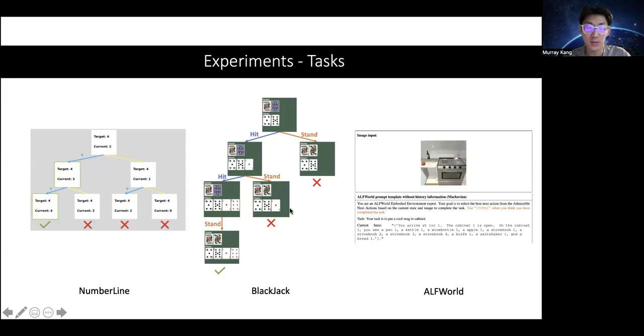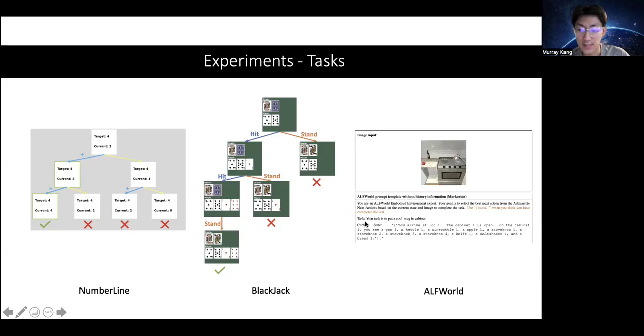And the next one is called BlackJack. So this is a stochastic environment, because every time we don't know what kind of card we will get. Yeah, so we only take the actions hit and stand. So this is a simplified BlackJack. And the last one is an embodied AI task called ALFWorld.